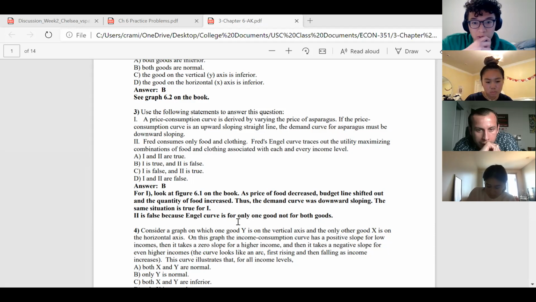He's consuming only food and clothing. Fred's Engel curve traces out the utility maximizing combinations. So we can start with the second statement. As we talked about, the Engel curve on the y-axis is going to have income, not the other good. So that just automatically makes it false.